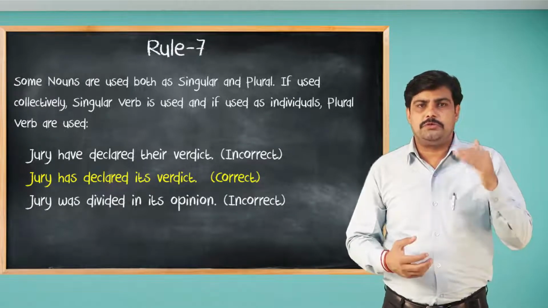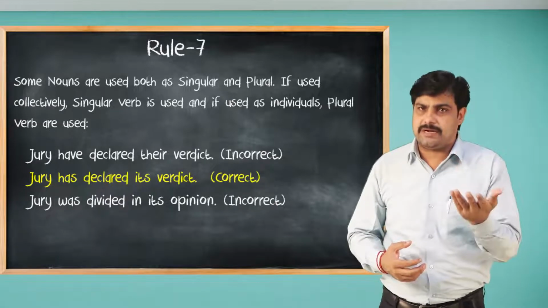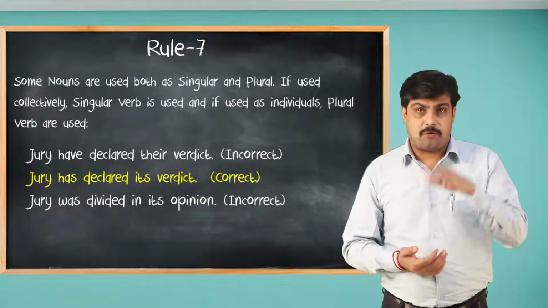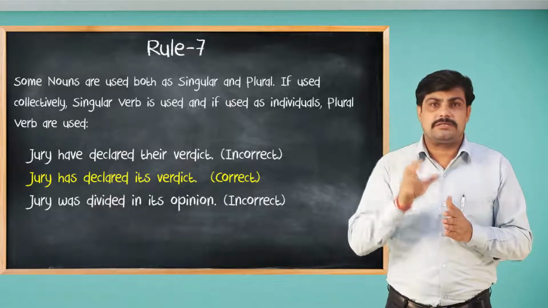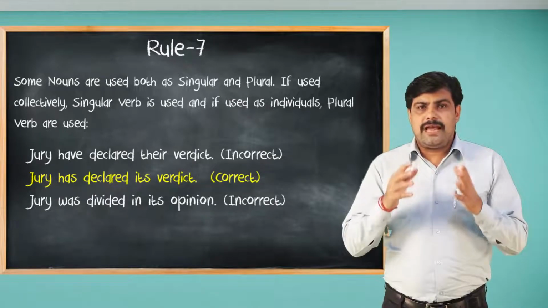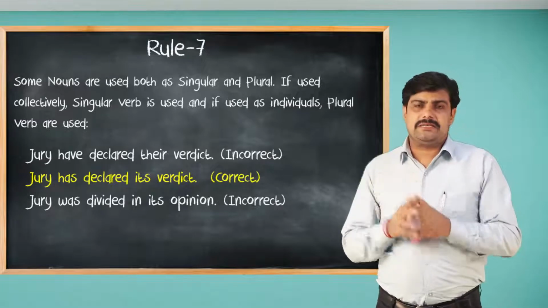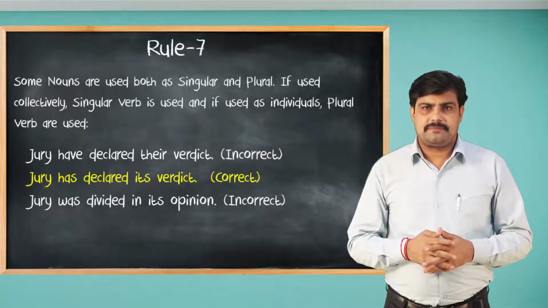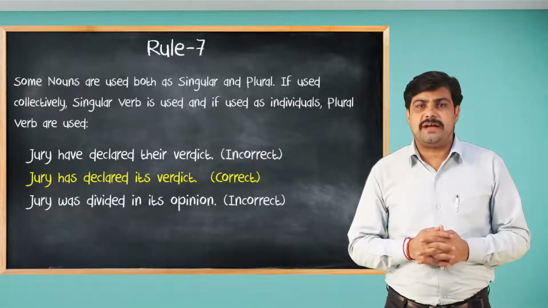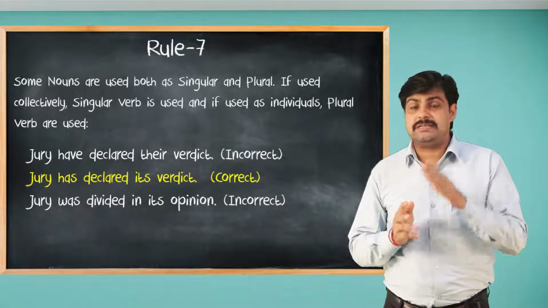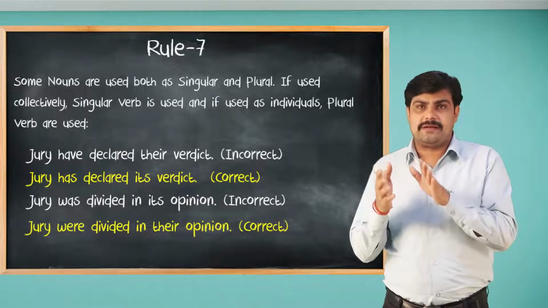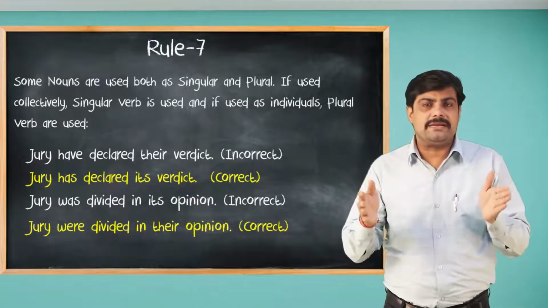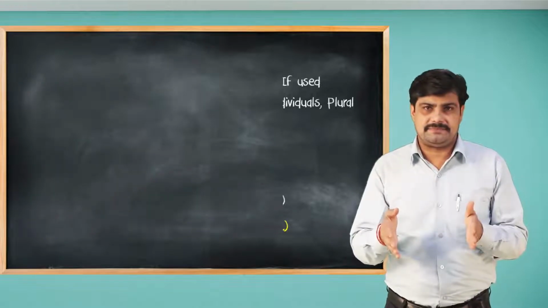So jury has declared its verdict. Remember, for collective, the pronoun used is its. So jury has declared its verdict is the correct sentence here. Now the second sentence, jury was divided in its opinion, is incorrect: jury were divided in their opinion, because they are all representing individual judges.